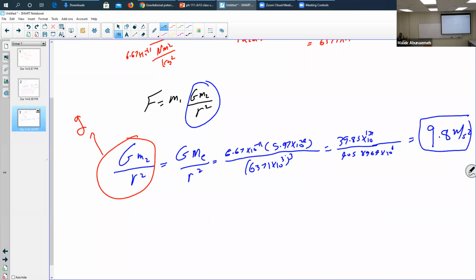And so your force is your mass multiplied by your acceleration, which is your mass multiplied by your g.